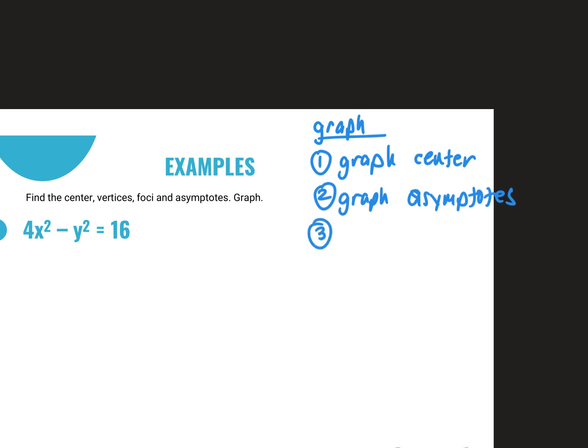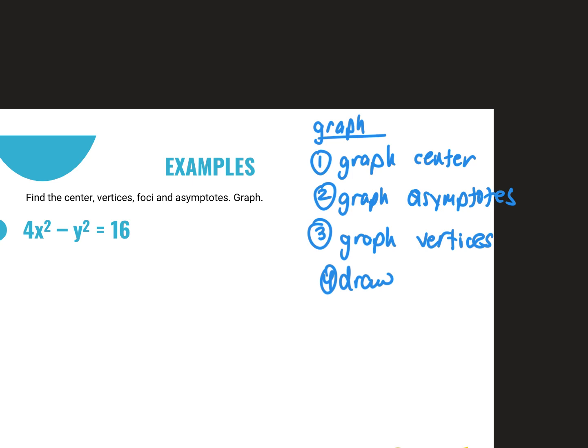Then I would graph the vertices. And then I would draw. You'll see what I mean by that in a second. But that's the order I would go. I would focus on where is my center. Then from there, if you're at the origin, you start your asymptote there and you just follow the slope.